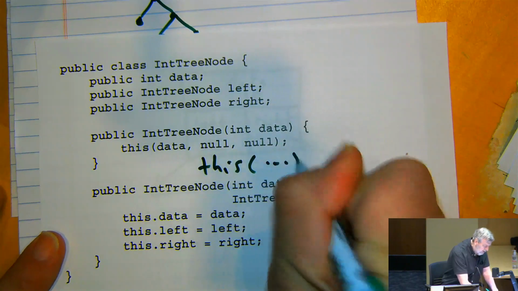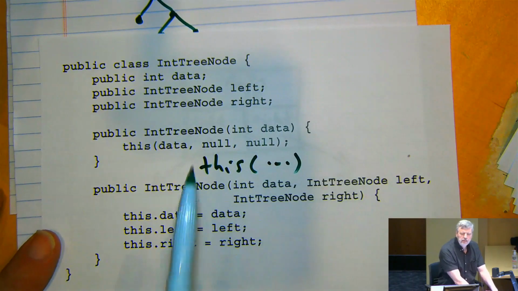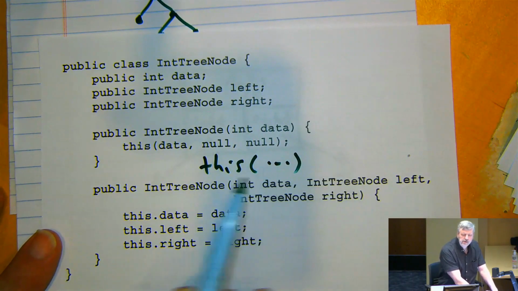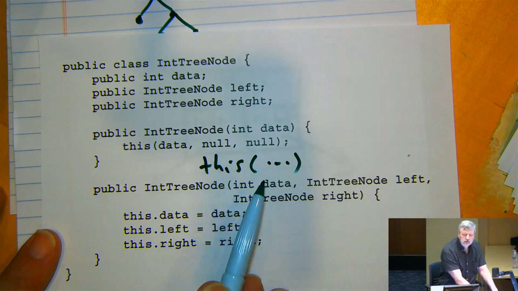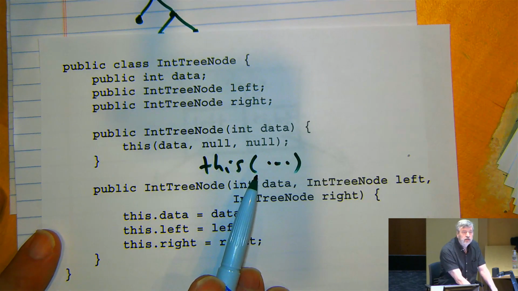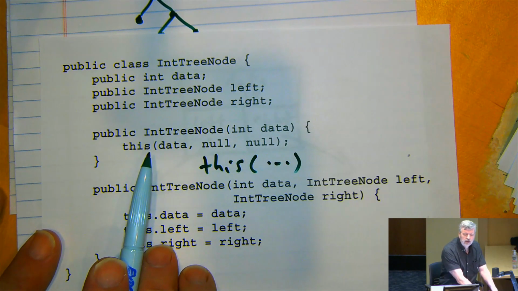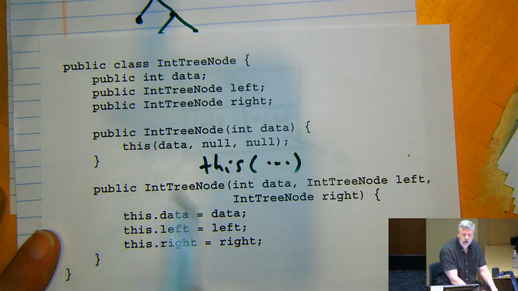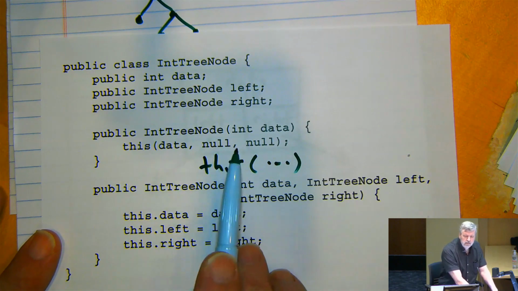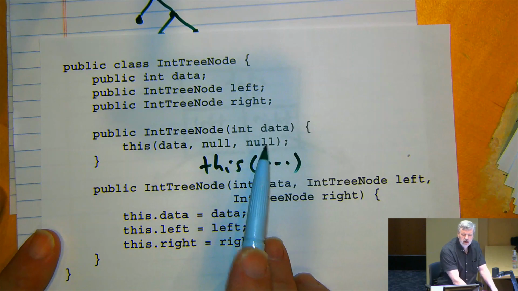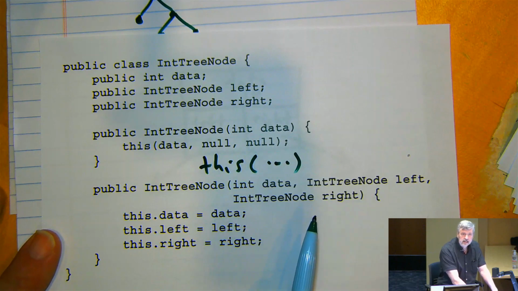I mentioned this earlier in the quarter: when you use the keyword this with parentheses, that's understood to be one constructor calling another constructor. So what I'm doing here for the leaf node constructor is calling the branch node constructor, but filling in null and null for the left and the right links.